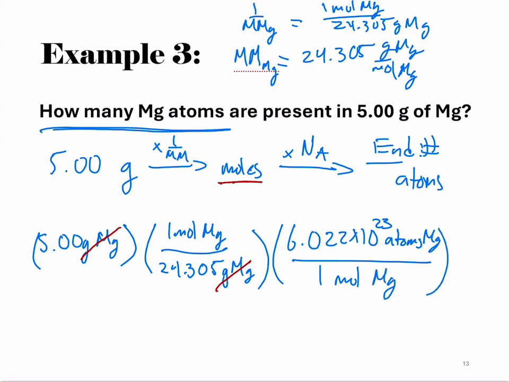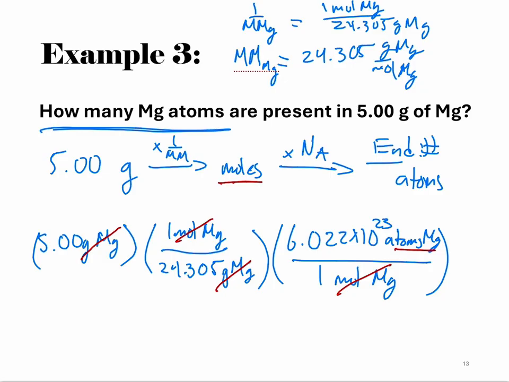So when anything has units or dimensions that are in a fractional form, we can always write it like this. So what happens to the moles of magnesium now? They cancel out, and we're just left with atoms of magnesium, which is exactly what we're solving for.